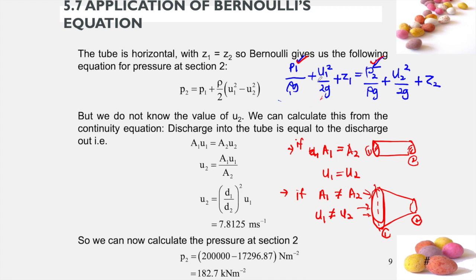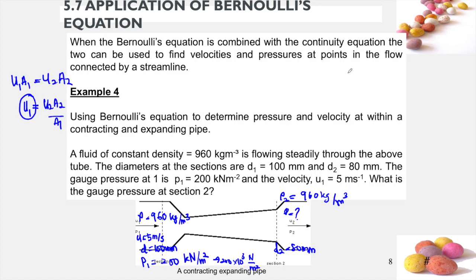Okay. Now we take a look at the last term here, which is potential head. So if you want to apply Bernoulli's equation here, for the pipe, you will take Z at the center of the pipe. So this is point number 1 and this is point number 2.